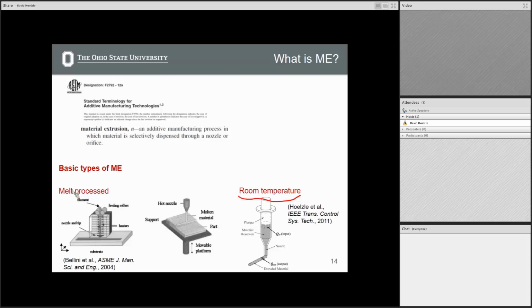Have you ever printed something with a MakerBot? No, never? 2 out of 6? Wow, I thought it'd be higher than that. Okay. 2.5 out of 6? No, okay. All right. Well, if you include me, that would be 3 out of 7 who have printed something with a MakerBot like tool.